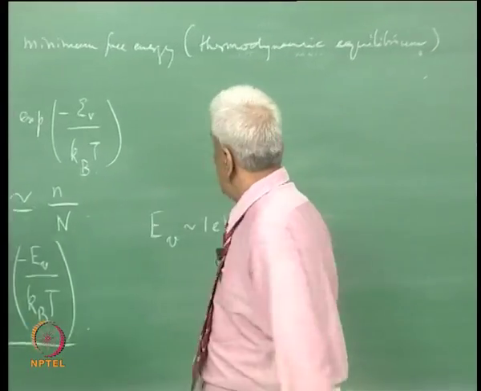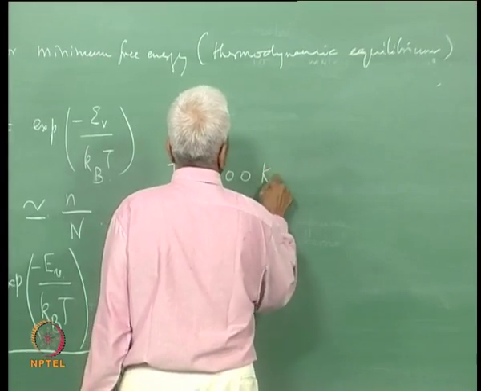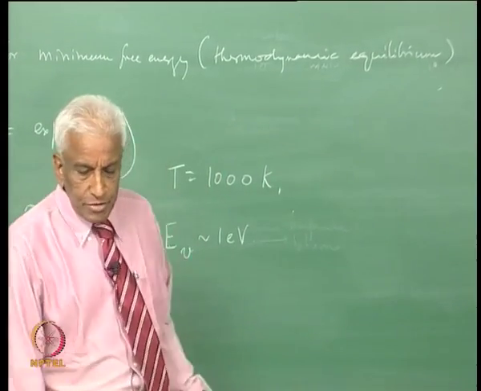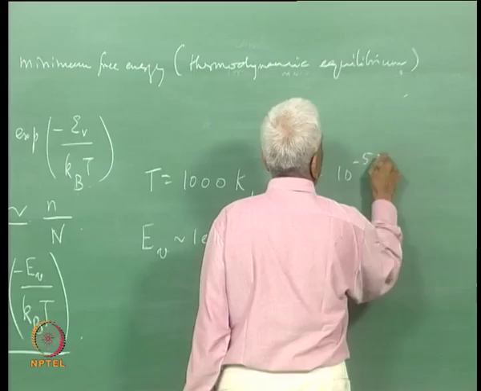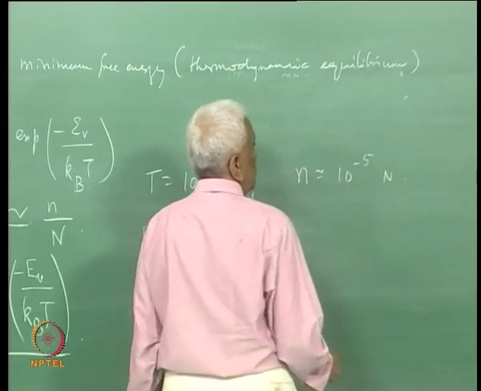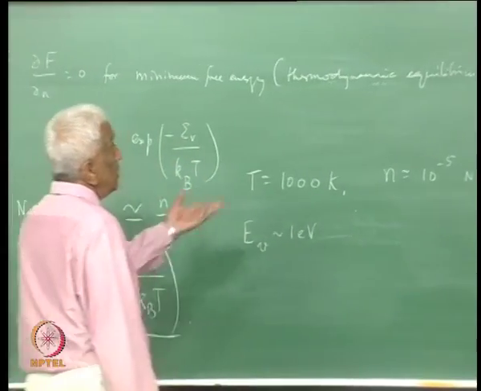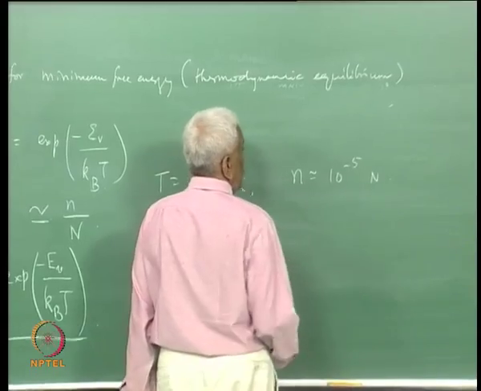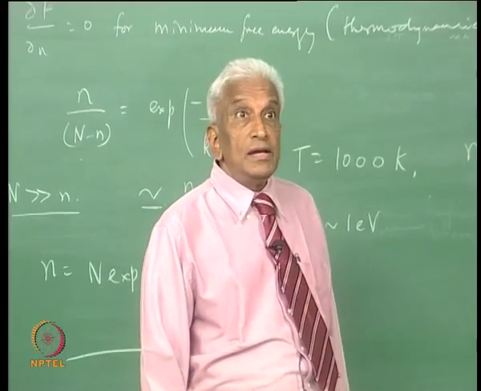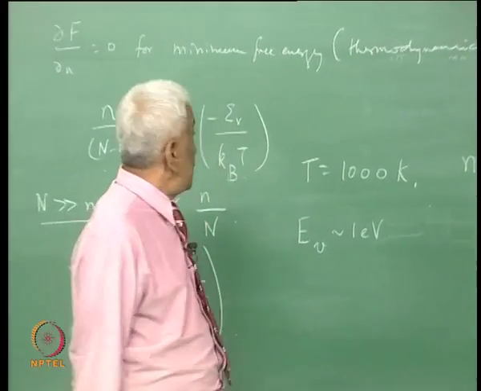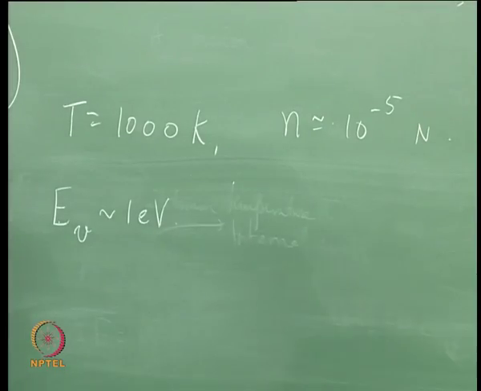Substituting these at a temperature of T equal to 1000 K, which is a sufficiently high temperature, n is 10 to the power minus 5 N. So, a very small number, but a very significant number. It is 1 in 10 to the power 5 atoms. So, the vacancy concentration is quite appreciable, and this is necessary in order to establish thermodynamic equilibrium and minimize the free energy.